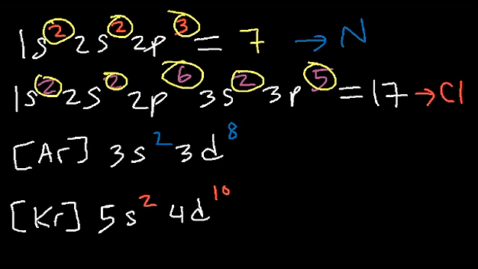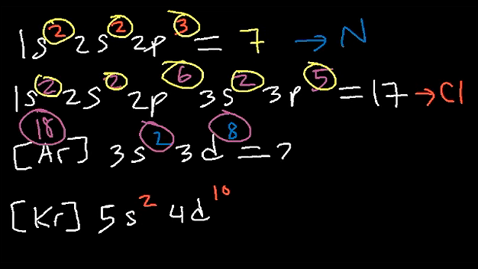Now how would you identify it if it's given to you in noble gas notation? For argon, look at the atomic number of argon. It's 18. So if you add 18 plus 2, that's 20, plus 8, you get 28. And using the periodic table, nickel has an atomic number of 28.